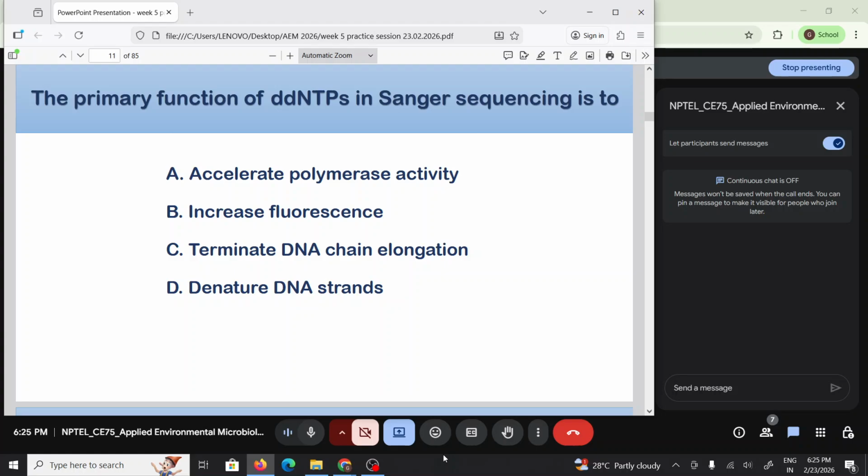What is the primary function of ddNTPs? That is dideoxynucleotides in Sanger sequencing. Why do we use them? Just a few minutes back, I just told why we use them.